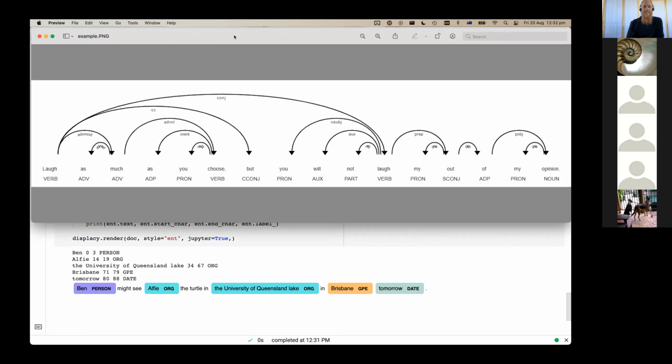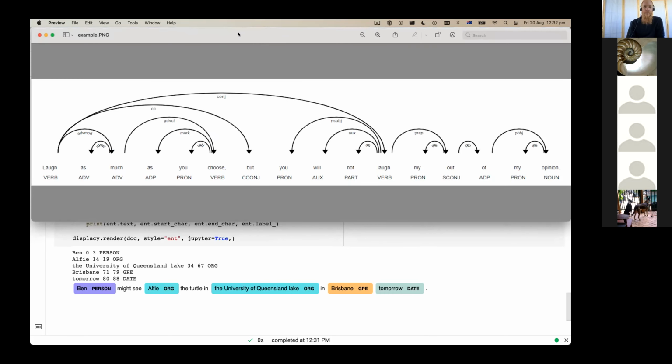You're right. We should put some academic papers in here and see how these 200-word sentences might be represented in the dependency graph. Yeah, that's quite a sentence.